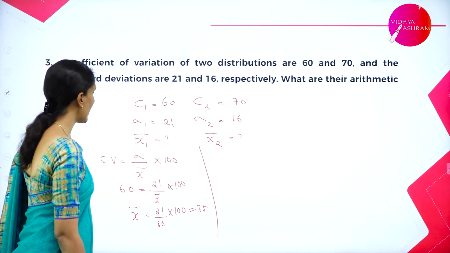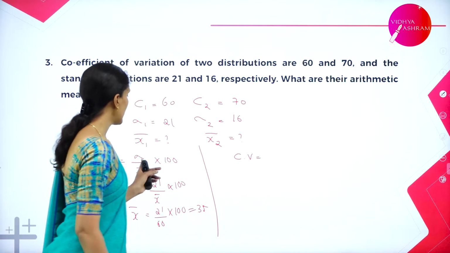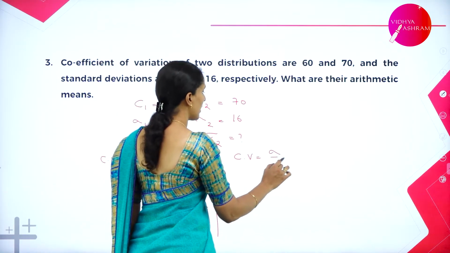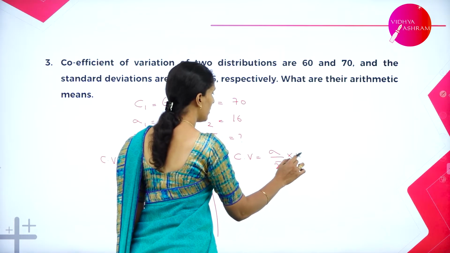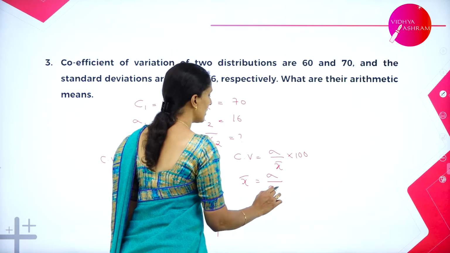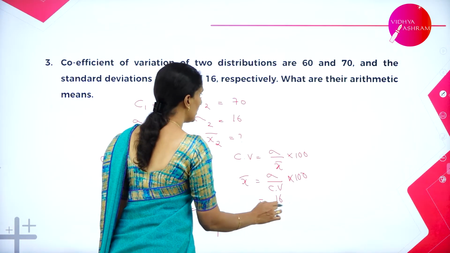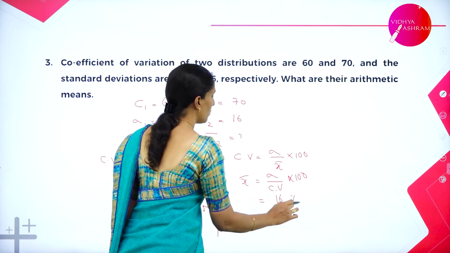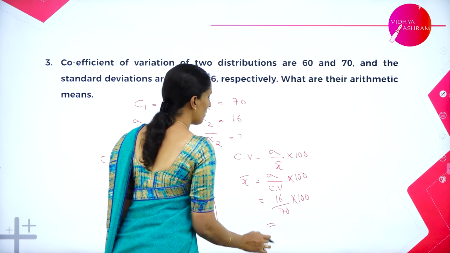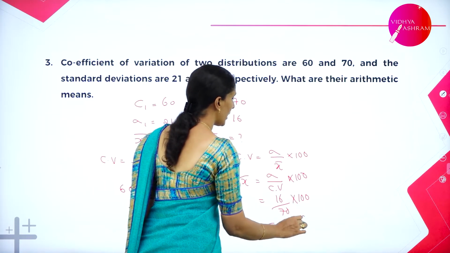Let us see the second case. We have CV is equal to sigma by x bar into 100. Again here we can use the same formula. If you want x bar, it is sigma by CV into 100. So sigma is 16 here, CV is 70, into 100. Dividing and multiplying, you will get the value as 22.85.